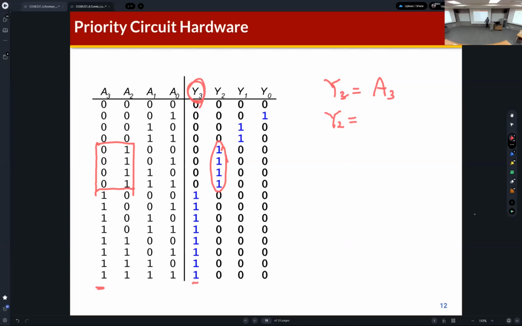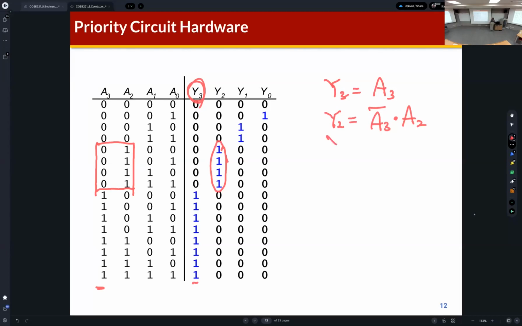It's just simple, right? So this is A3 and A2.